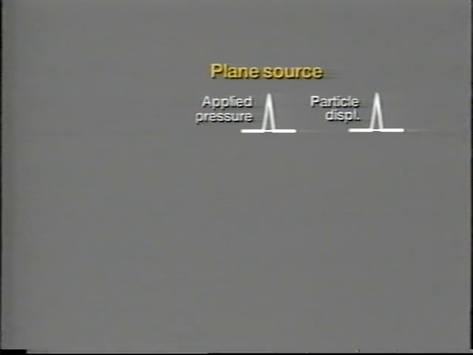Second, for a plane wave, we said that one clean bounce of the infinite weight would give us a spike of applied pressure, which would generate a propagating spike of particle displacement. But if we visualize a spherical source, with a spike of pressure supplied along this radius, for example, there is also a spike of pressure applied here, in the opposite direction.